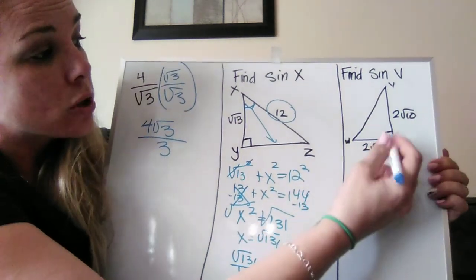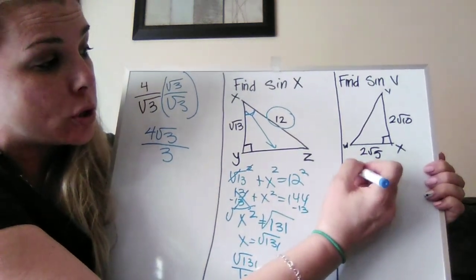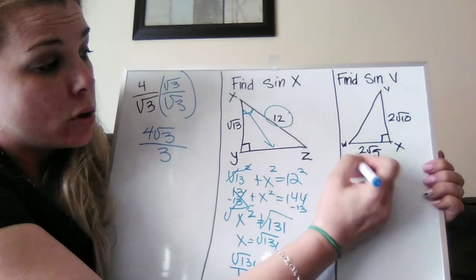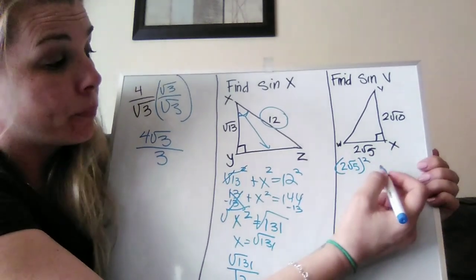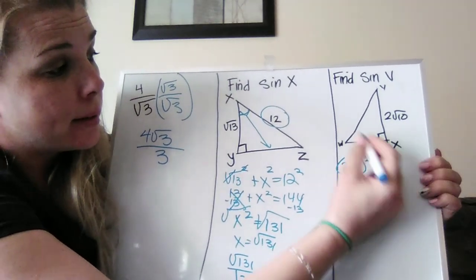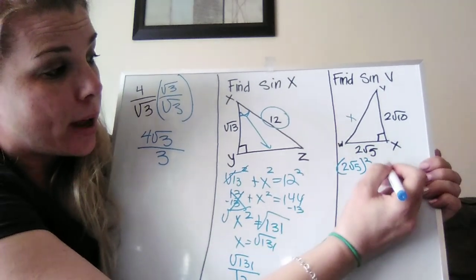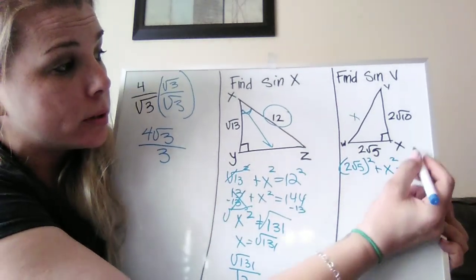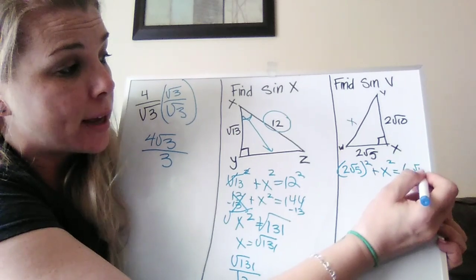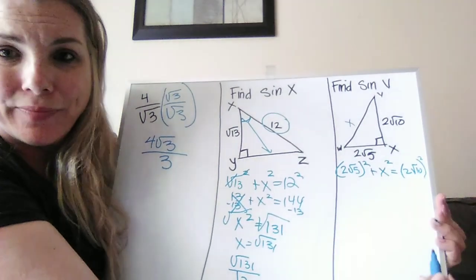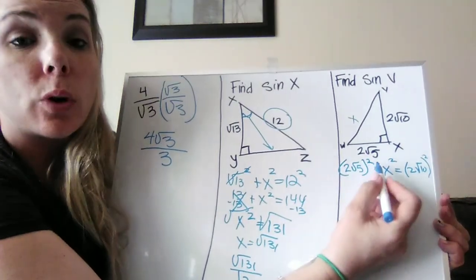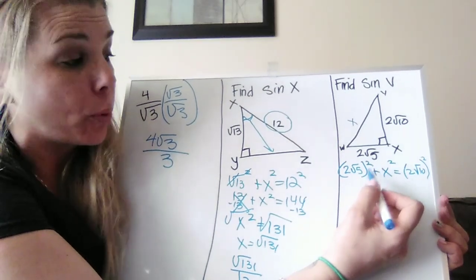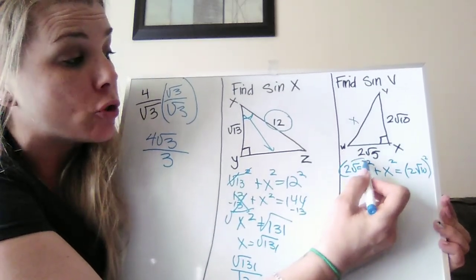It's okay. So when you do Pythagorean theorem here, you get 2 root 5, the whole thing is squared, plus, this is our x that we're looking for, x squared equals 2 root 10 squared. Oh, I'm running out of room. Okay? When you have a squared outside of these parentheses like that, you have to distribute it.